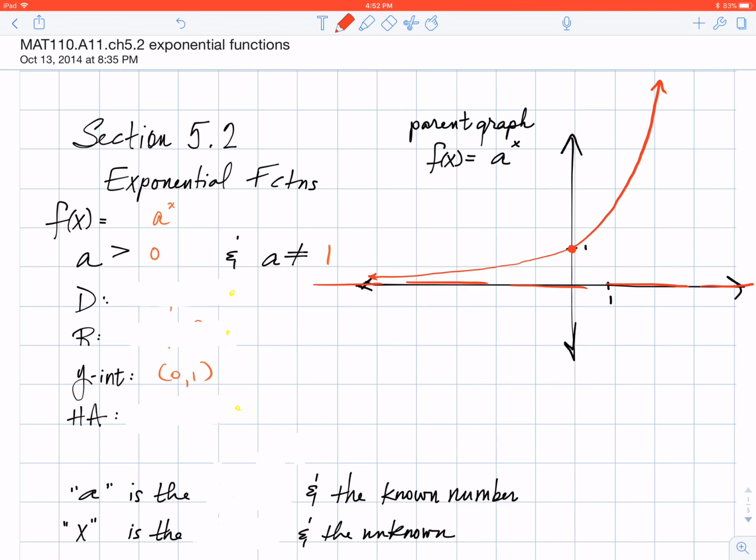So this is the overall picture of our parent graph. The domain on this guy is going to be negative infinity to positive infinity. The range has nothing down on the negative side, so the range is going to begin at 0, but that is a horizontal asymptote. It doesn't touch it, so we're not including the 0. The y-intercept I've already discussed, and the horizontal asymptote I've also already discussed, occurring at y equals 0.